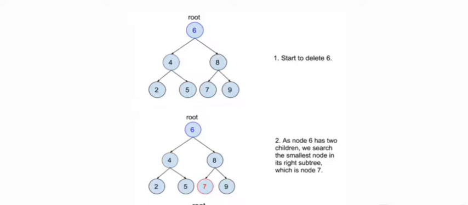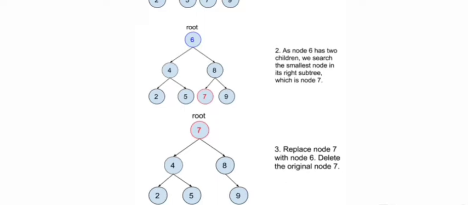So if you notice, then you can always search either for the smallest item on the right subtree or the biggest item on the left. We are going for the smallest item on the left. We find it, it's 7.